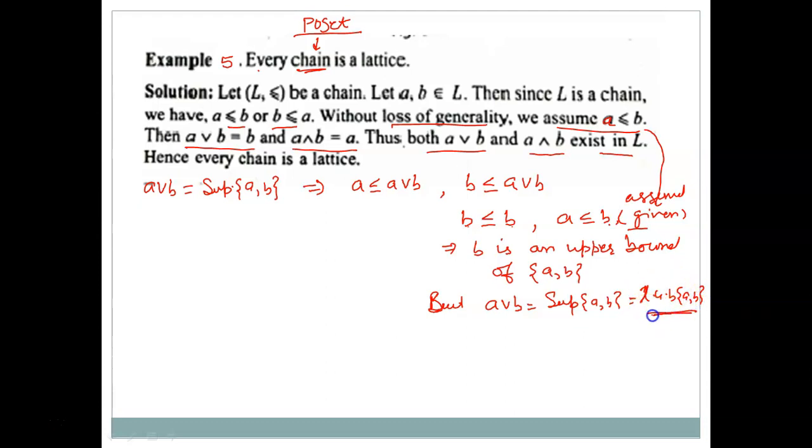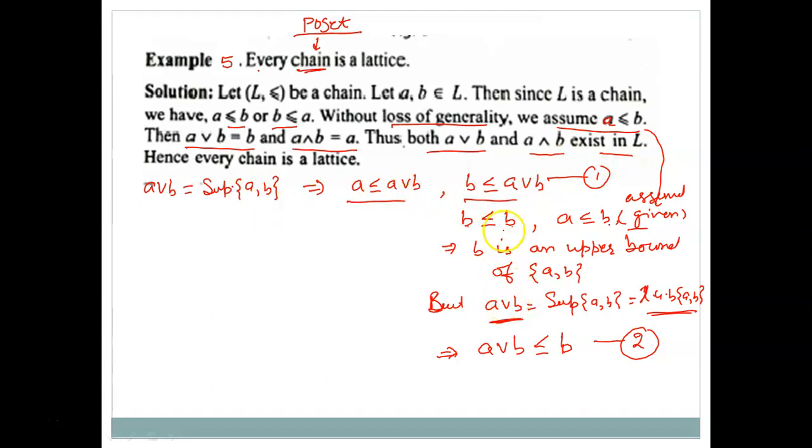It means that because this is least among all the upper bounds, this A join B must be less than or equal to B, because it is the least upper bound, so it will be less than or equal to all the other upper bounds. Here B is an upper bound and this is the least upper bound, therefore this will be the relationship. I say that this is number 2, and this is number 1, that was coming from the definition.